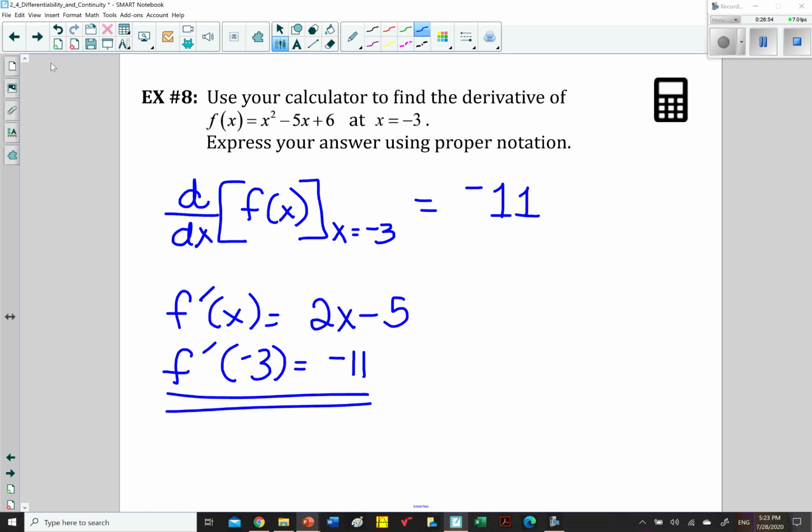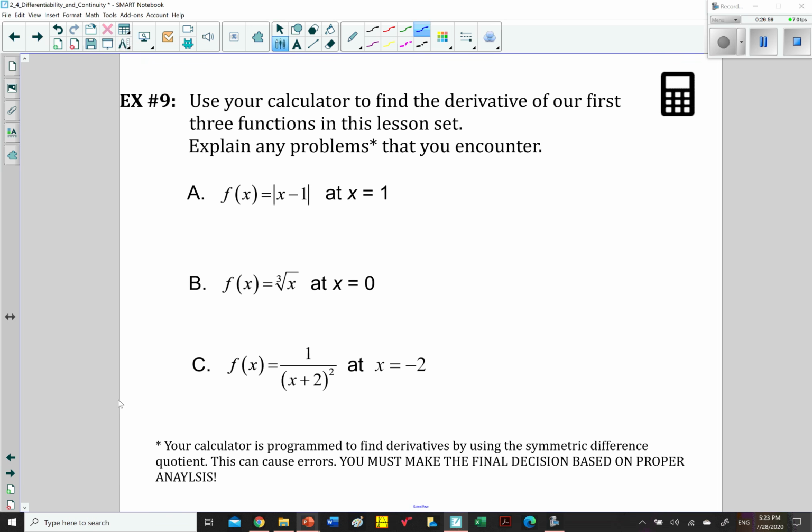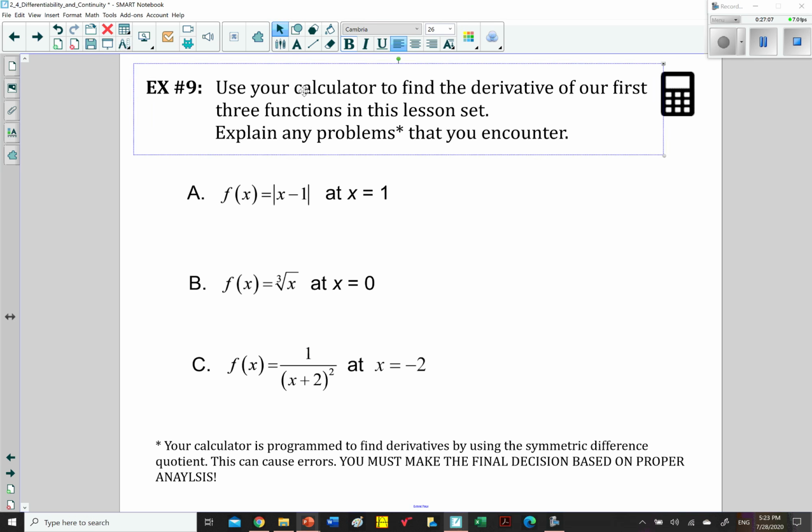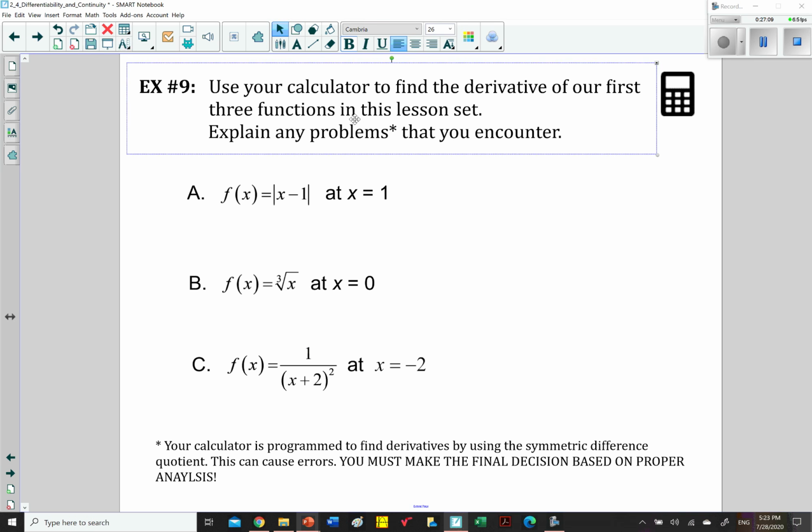So it just depends on which calculator you have and how you use that. I guess I should have pulled my calculator up in this lesson. Sorry about that. Use your calculator to find the derivative of the first 3 functions in this lesson set and explain any kind of problems that you encountered.